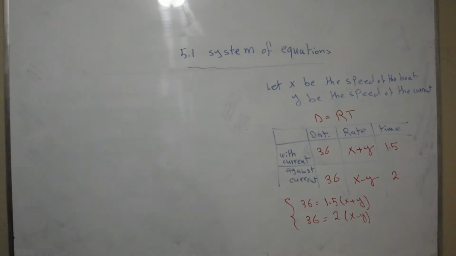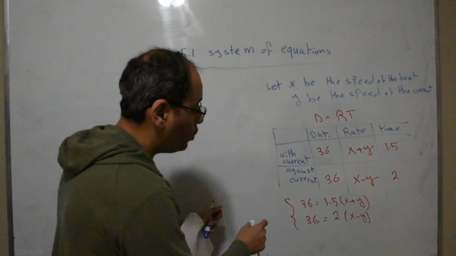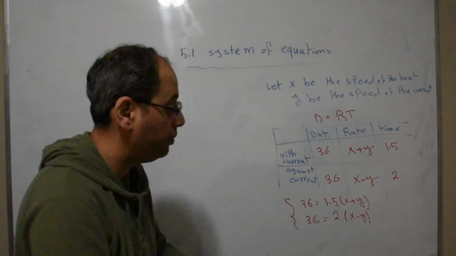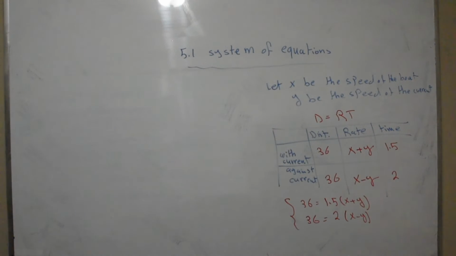The easiest way to work on that is to divide both sides by 1.5. So that would make it easier.